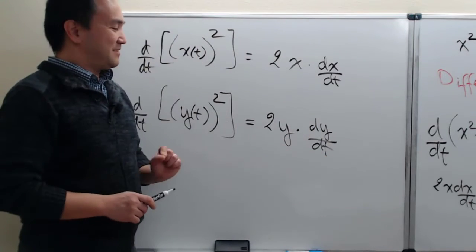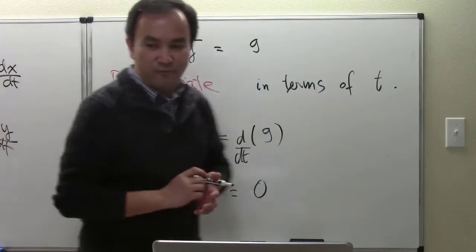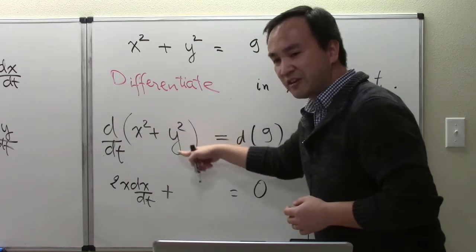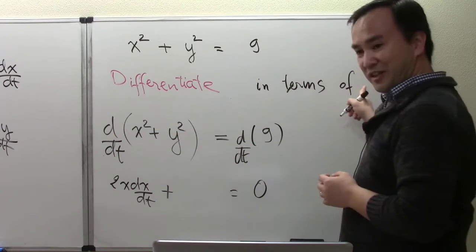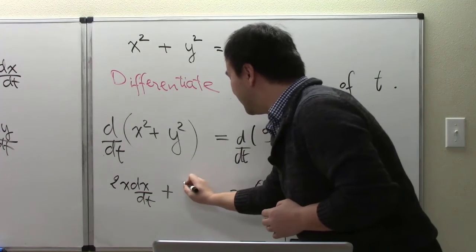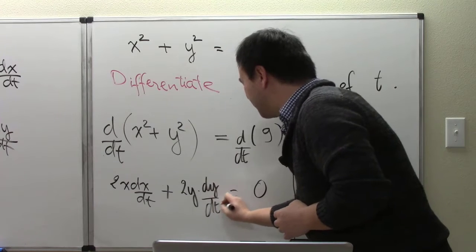We're going to take that term and put it into our halfway-done step right here. So the differentiation of that term, in terms of t, becomes 2y times dy/dt.